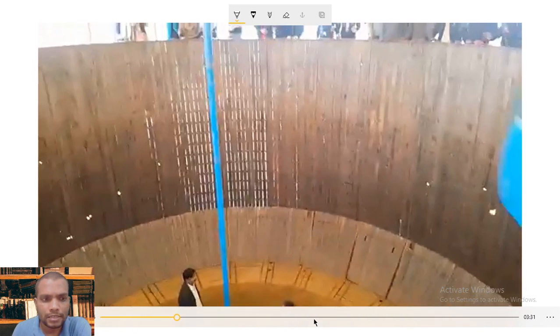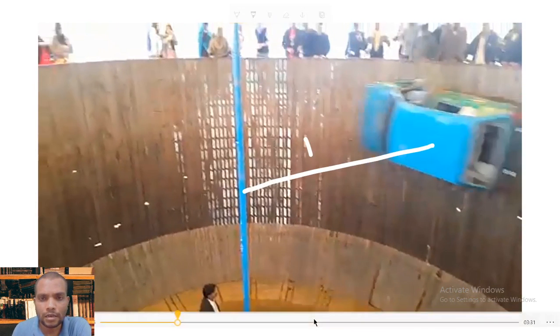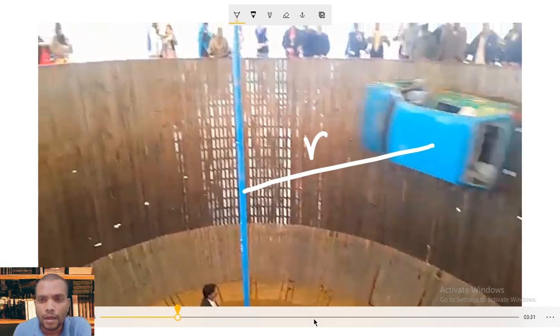Now if we take an exact point, this is the radius of the circle, R. The car is having angular velocity and angular acceleration. Now to define centripetal acceleration, acceleration we define as change in position.